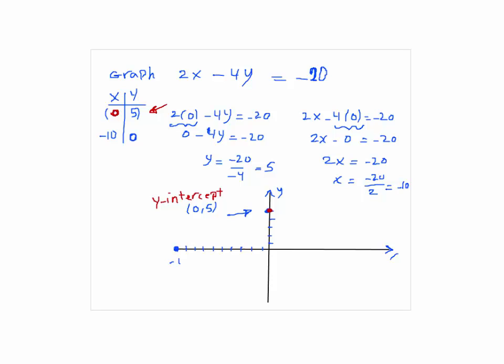That's negative 10. So what's the name for this point here? That's the x-intercept. X-intercept, very good.